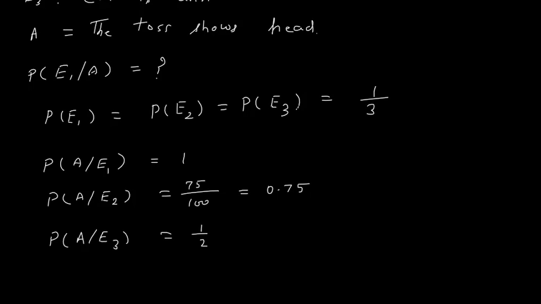Okay, so this 75 divided by 100, better we keep in fraction, that is 3 by 4. Okay, so that will make our calculation easy.